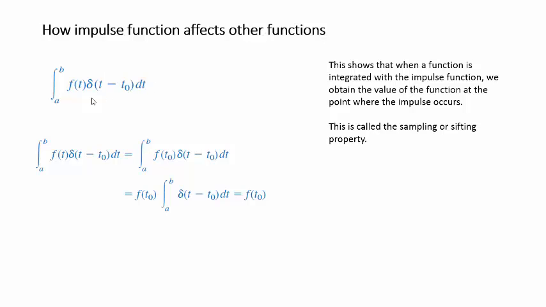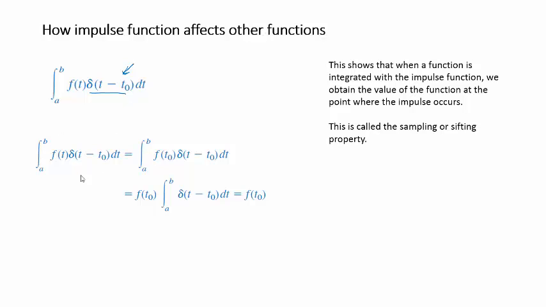What you can do is multiply some other arbitrary function, anything that you care about, times a delta function and integrate the whole thing between two values, a and b, whatever it is. But recall that this delta function only has a value at time t0, and everywhere else it's 0.